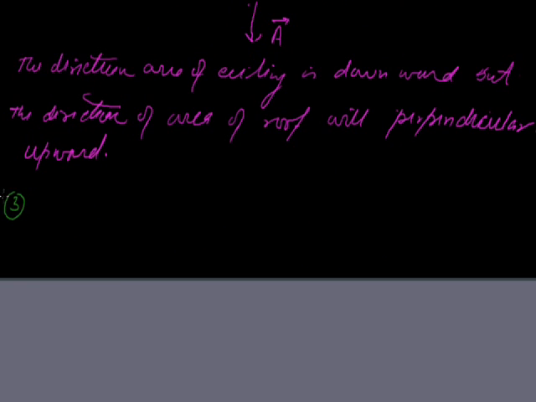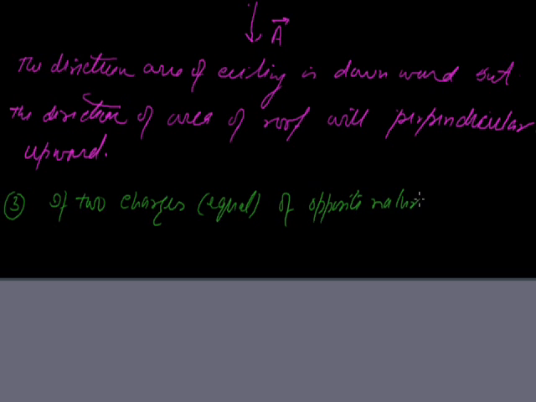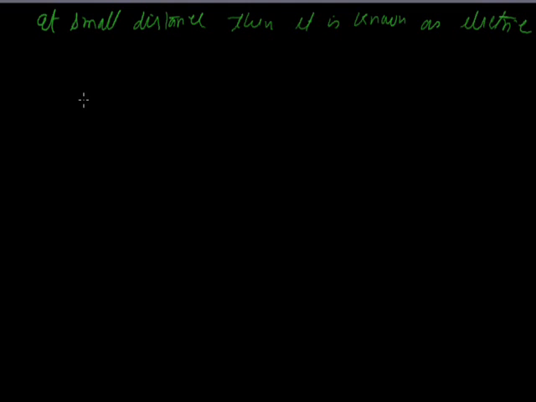Third point is dipole moment. First of all, what is a dipole? If two equal charges of opposite nature are placed at a small distance, then it is known as an electric dipole.